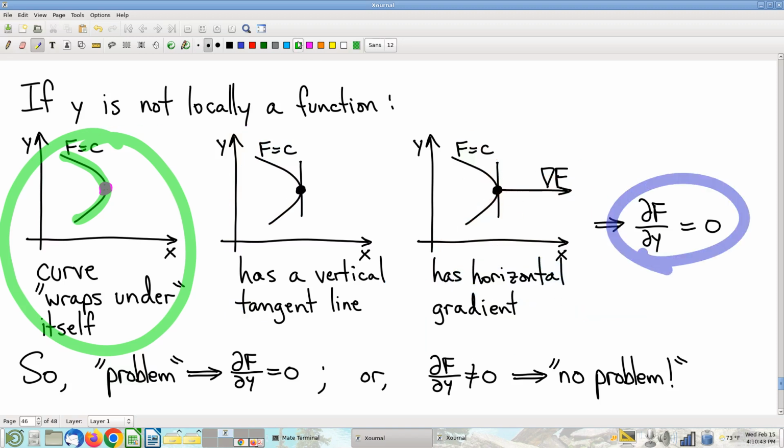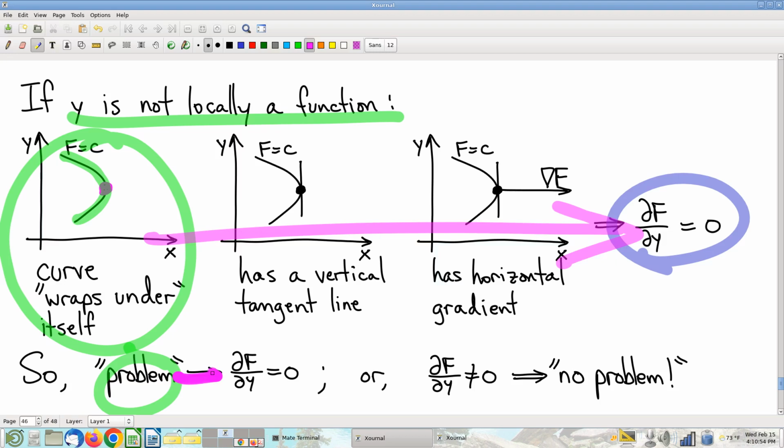If we have a problem, if this scenario happens where I cannot view y locally as being a function, then that will imply that this y partial is equal to 0. Okay, so bad news implies this is equal to 0.